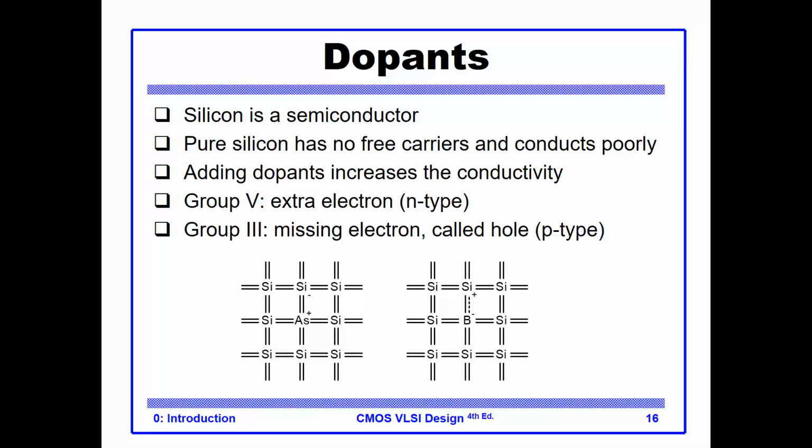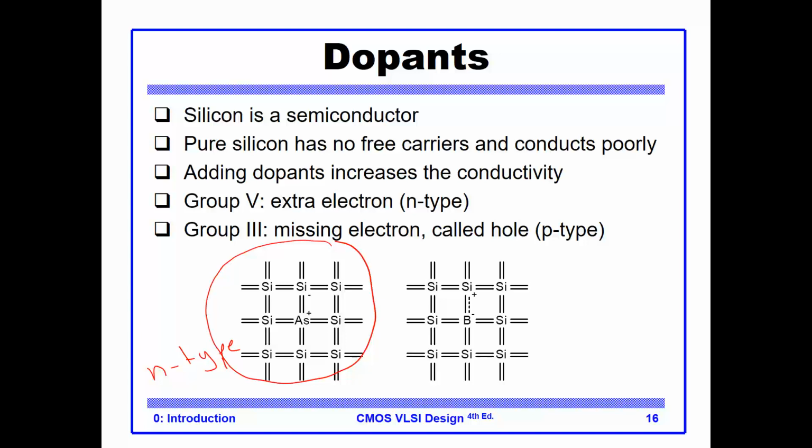So we add a dopant material to the silicon from group 5, we end up with an N-type material, and basically this is because we have excess electrons. Notice this excess electron is taken from this group 5 material.